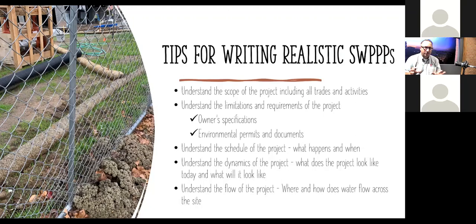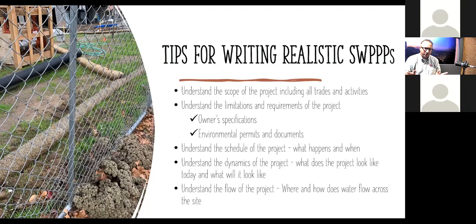One way or the other, there may be certain restrictions just based on the bid item, and if I can work within that, then that is going to be a good thing, and it's going to help satisfy the owner's requirements and make my SWPPP most likely more effective and more doable to the contractor.